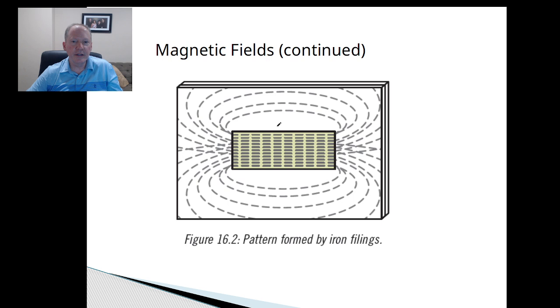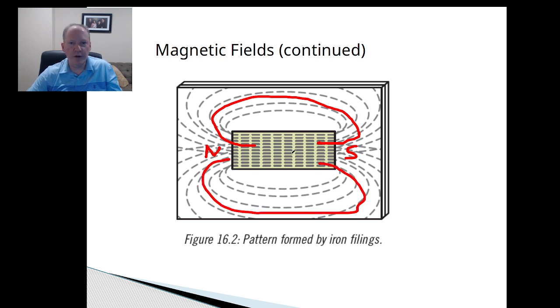So here are the flux lines, right. We have the North Pole and then the South Pole of the magnet, and these lines go out and then come back in to the poles.